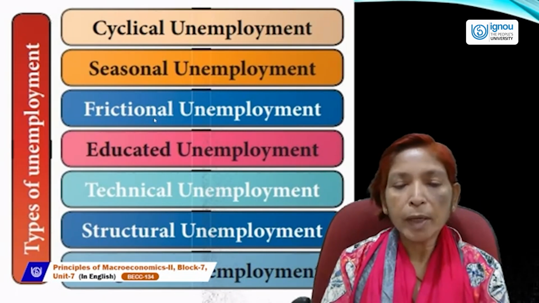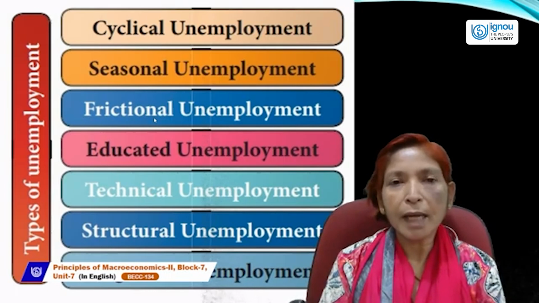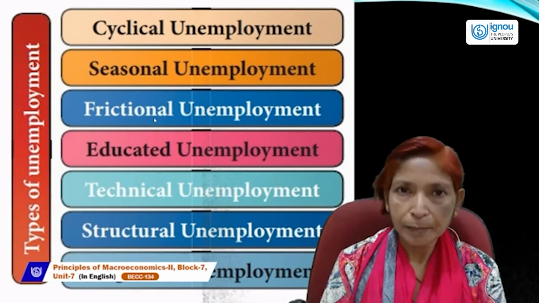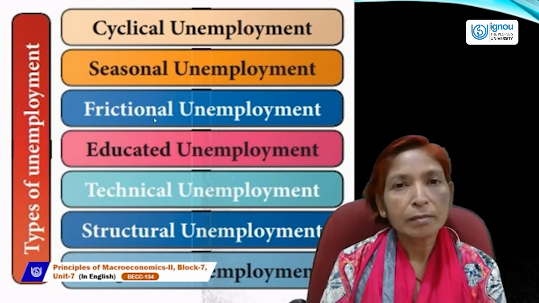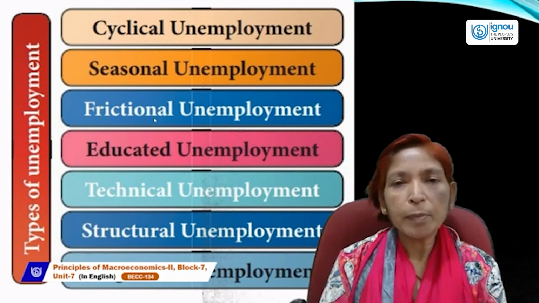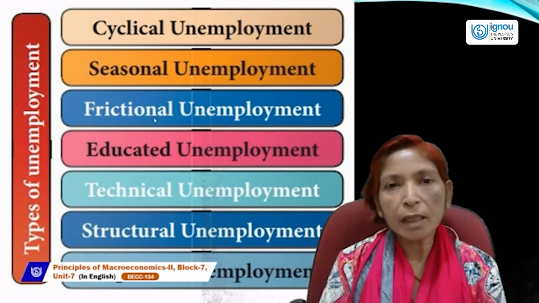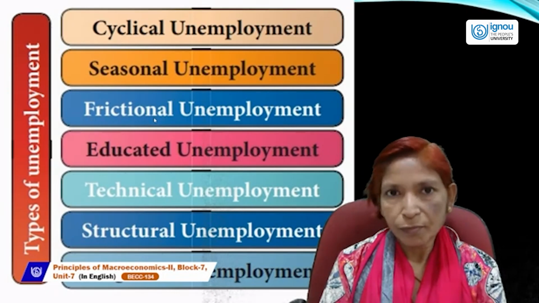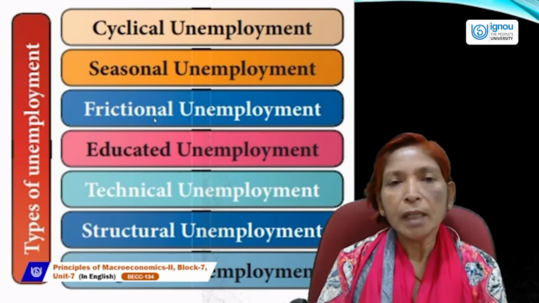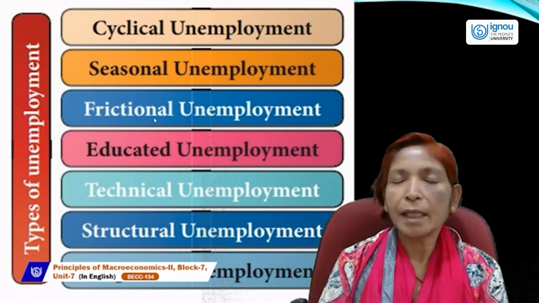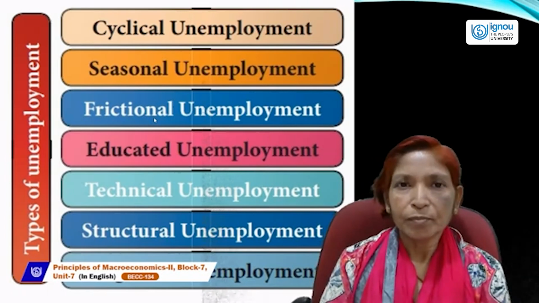Disguised unemployment generally occurs in the agriculture sector, and we can see this type of unemployment in India. Here so many people are engaged in agricultural activities. As you know, in India most of the labor is employed in the agriculture sector.